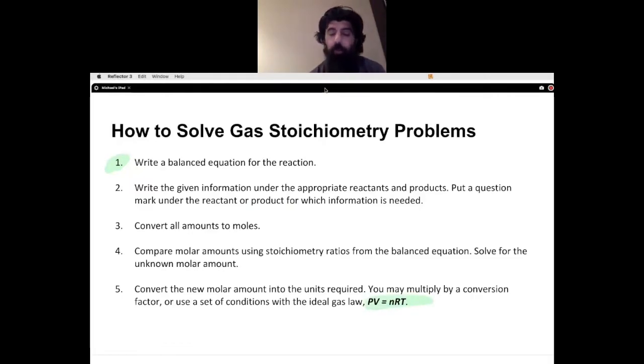Anyway, once you've identified your balanced chemical equation, write the given information under the appropriate reactant or product. Put a question mark under the reactant or product for which the information is needed. If you look at my answer keys, I really try to line up all the information underneath each respective compound.